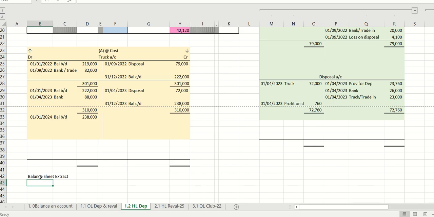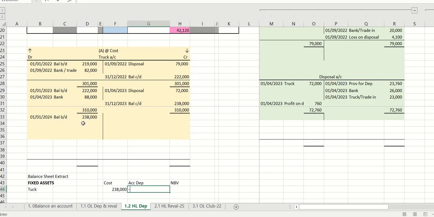Because sometimes we can be asked for the balance sheet extract, and it's really easy, right? You're just taking a snippet of your balance sheet account. Cost, cumulative depreciation, net book value. You're going to have trucks. You're just taking your balance c/ds. So our balance c/d on the truck account for 2024 is 238,000.